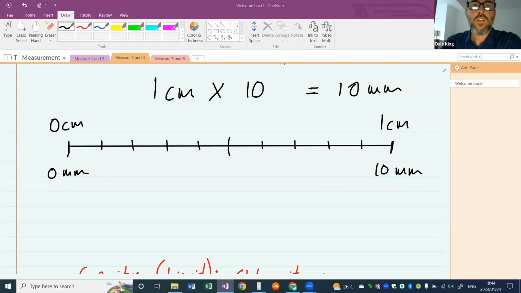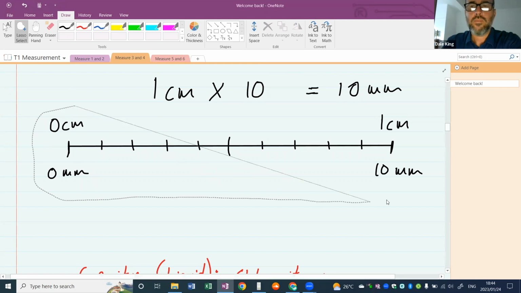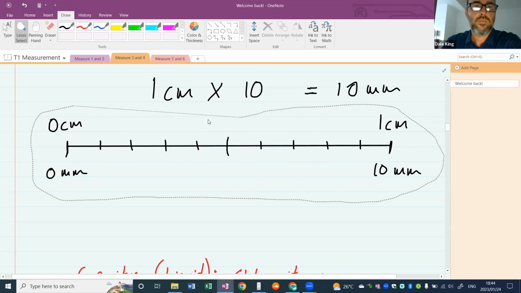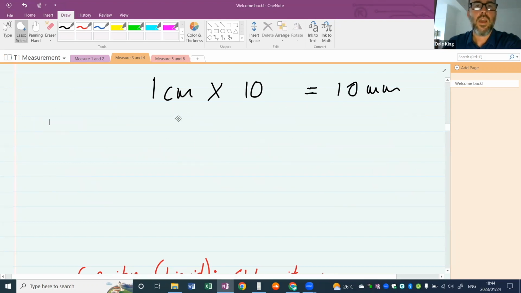So if I take away my ruler now, and instead of the ruler, I'm just going to write here centimeters. And on the left, I'm going to say millimeters over here. And on the right of centimeters, I'll put meters just for interest's sake.